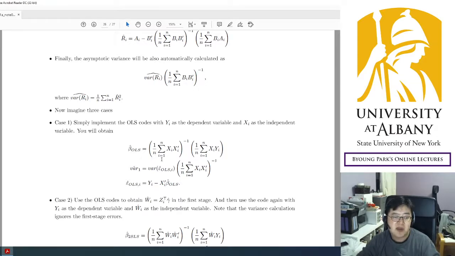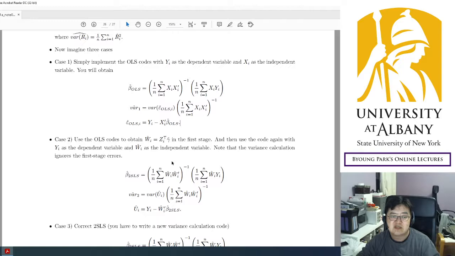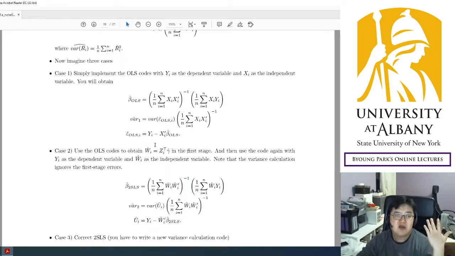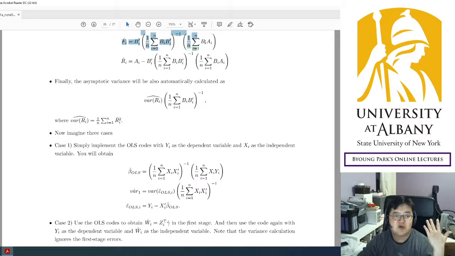Now in the next step, you'd like to implement two-stage least squares. What you can do is first use the OLS function to estimate the fitted value of x2, the endogenous variable. The fitted value w hat can be calculated using this formula.